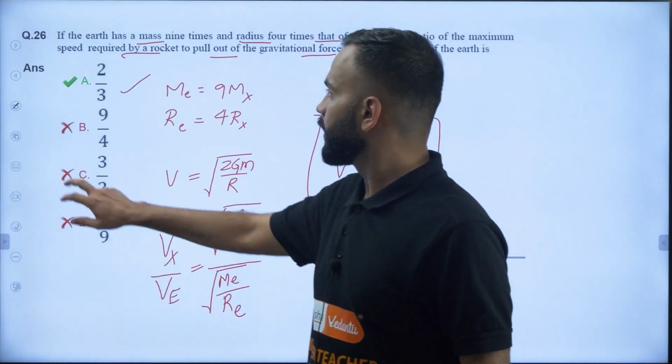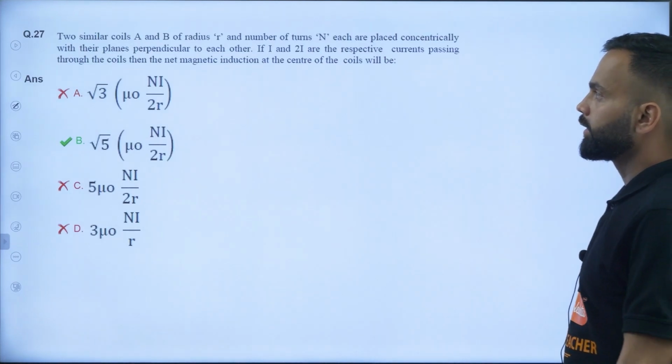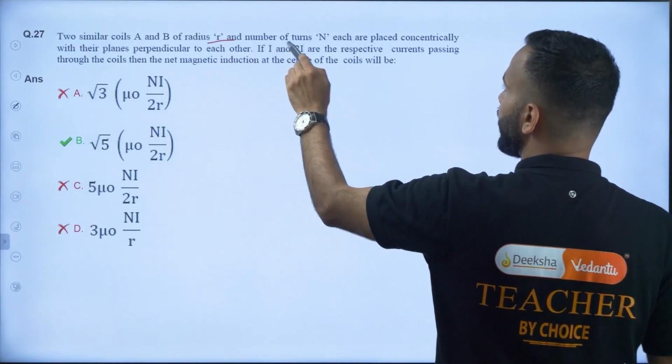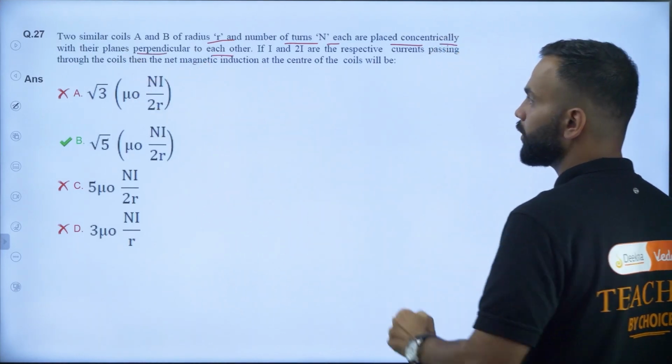Next question, question number 27. Two similar coils A and B of radius r and number of turns n each are placed concentrically with their planes perpendicular to each other.